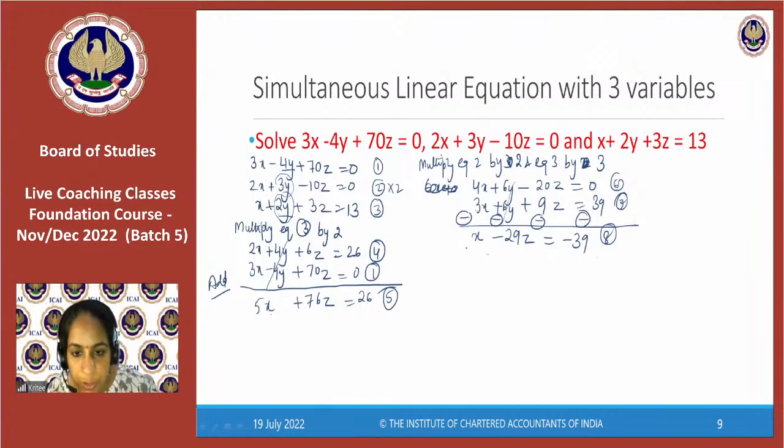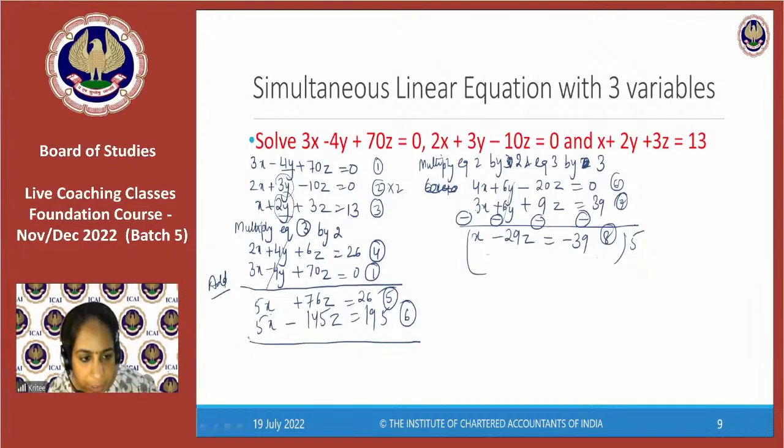Or maybe you can also use substitution. So what I'm doing is I'll multiply this equation by 5. So this becomes 5x minus 145z equals 195. This is equation number 6. Now again I have to eliminate. I will deduct. So x and x get cancelled out.